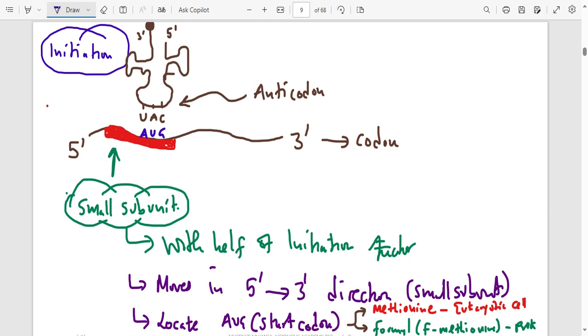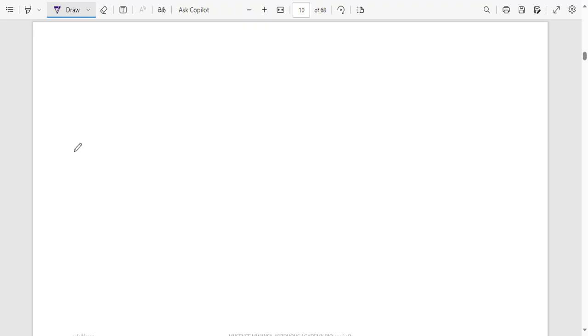So the first amino acid is brought to what we call the P site. So when tRNA brings the first amino acid, the large ribosomal subunit is now going to bind, and then let's go now to elongation.